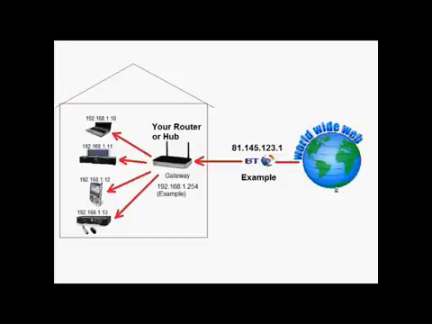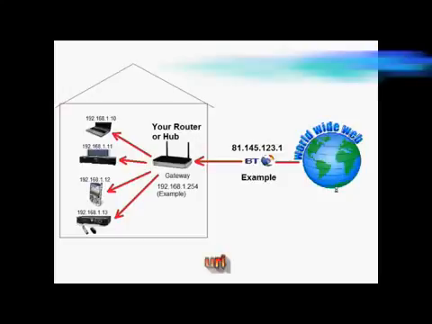Based on the firmware of the router, this gateway number can be different, but most of the time it starts with 192.168. The third part can be varied, we will explain that later on, and again the fourth part, the last part of it.